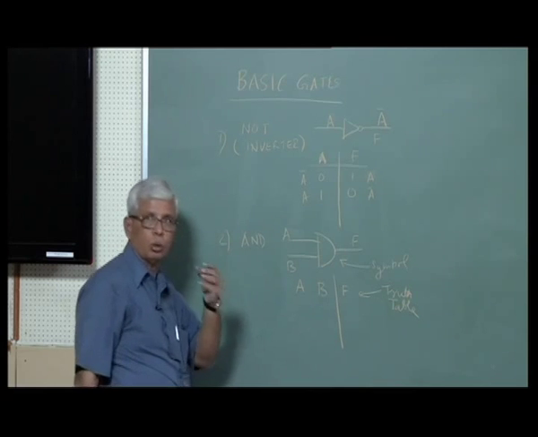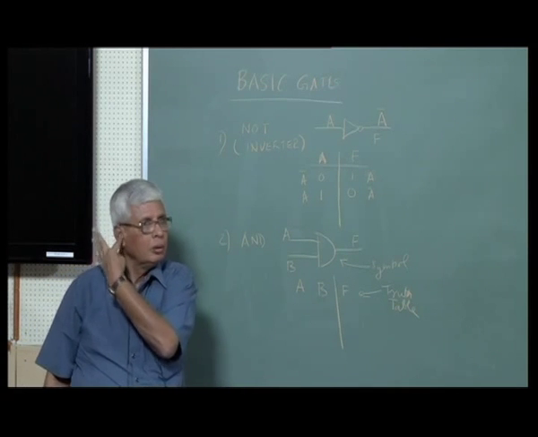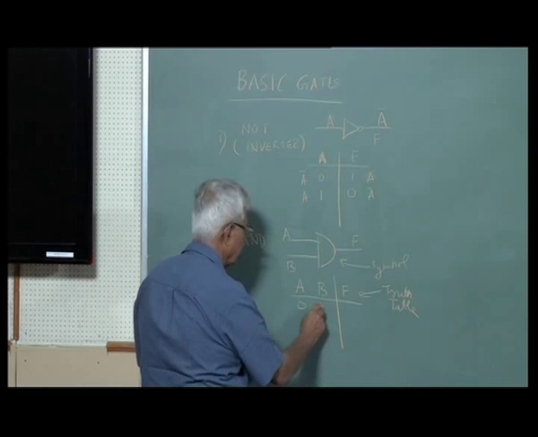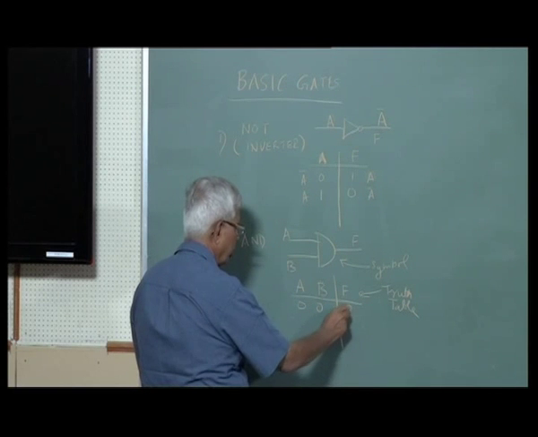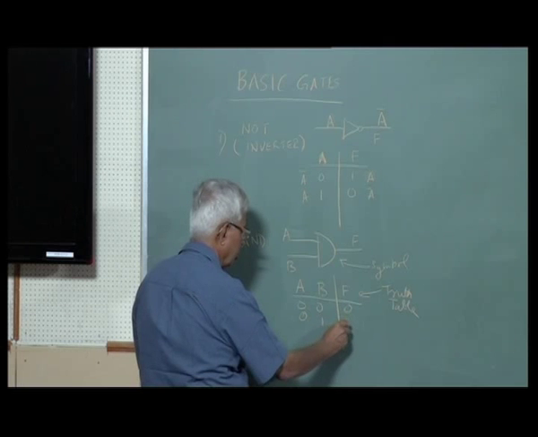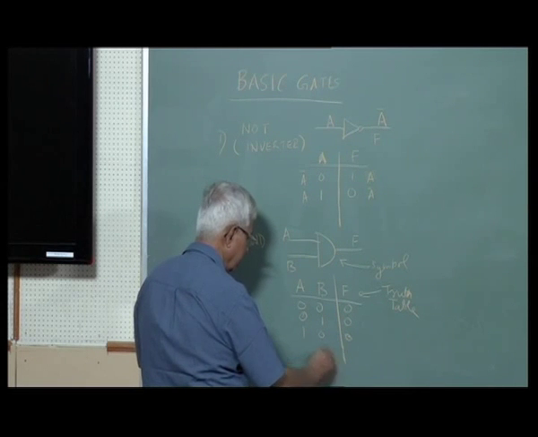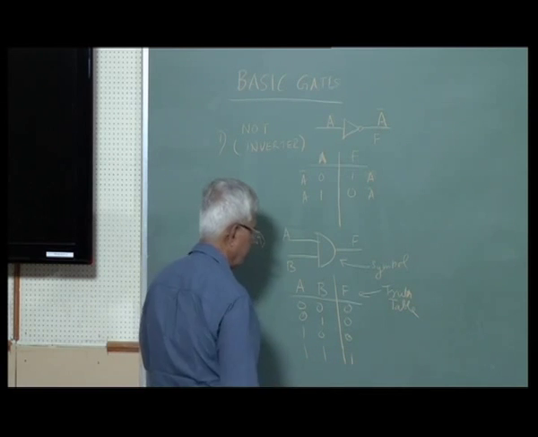It only speaks truth. That's why it's truth table. 0, 0, both inputs are 0, output 0. One of them is 1, even then output 0. When both are 1 and only then output is 1.